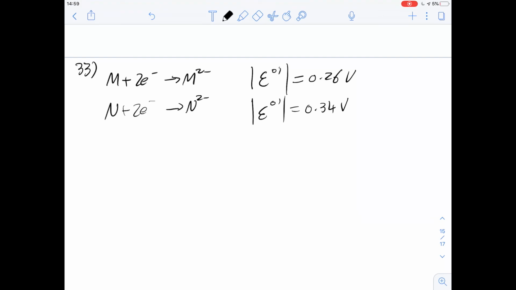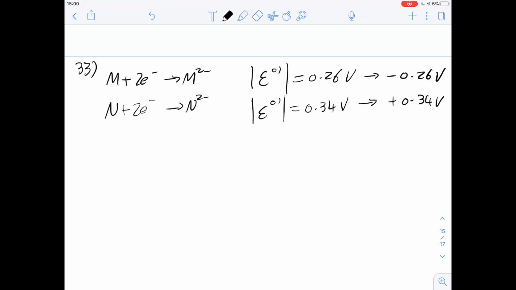If we've got electrons moving from M to the hydrogen electrode, that means M has to be more negative than the hydrogen electrode, right? So if the electrons are being pushed towards the more positive thing, and they're moving away from the more negative thing, they're moving away from M. That tells us this is going to be negative 0.26 volts for its electrode potential. And that tells us also this has to be positive 0.34 volts.